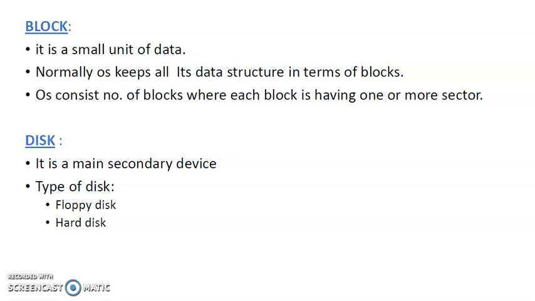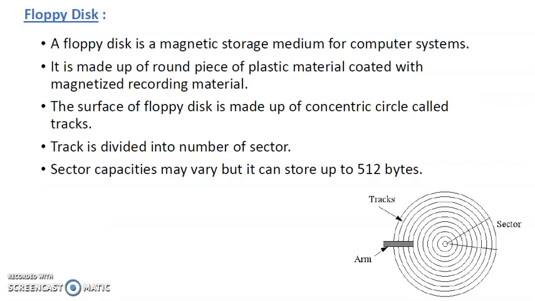So the first type of disk is the floppy disk. You can see the floppy disk is made up of a round piece of plastic material with a magnetized recording material. The surface of the floppy disk is made up of concentric circles, and those circles are called tracks.